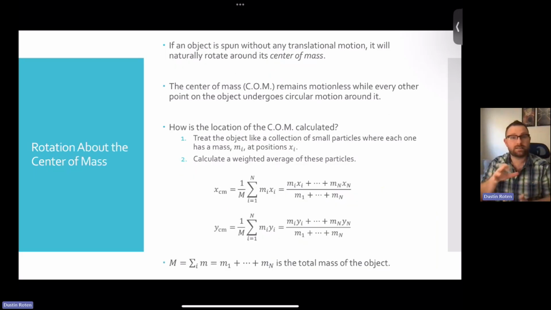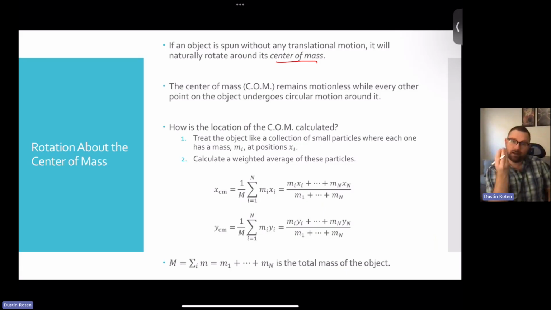Anytime one of these objects is spun without any translational motion, it will naturally rotate about the center of mass. The center of mass is essentially the little red dot I put on that previous slide. That's the one point that's not moving in some sort of circle. It's completely stationary, and you could imagine if I were sitting in my office chair spinning, that would be like the center of mass.